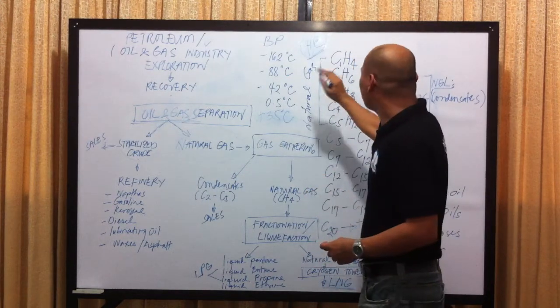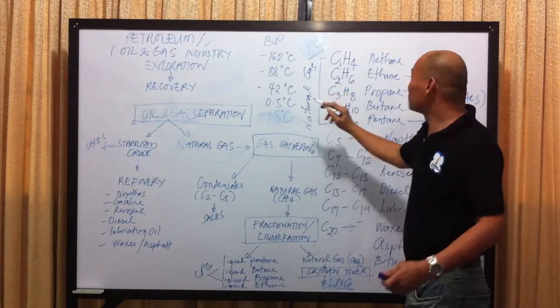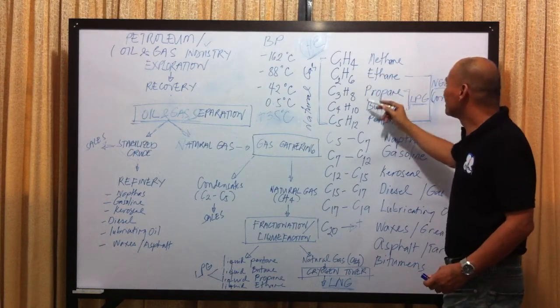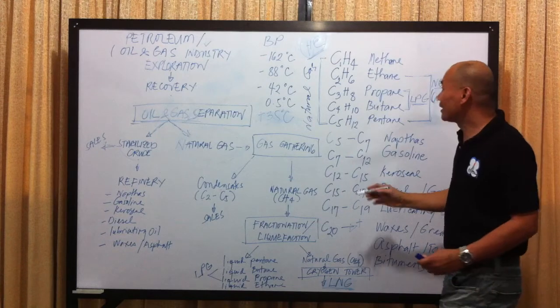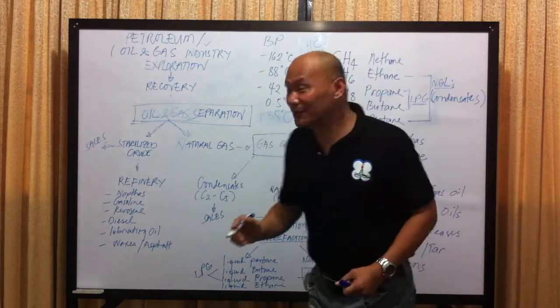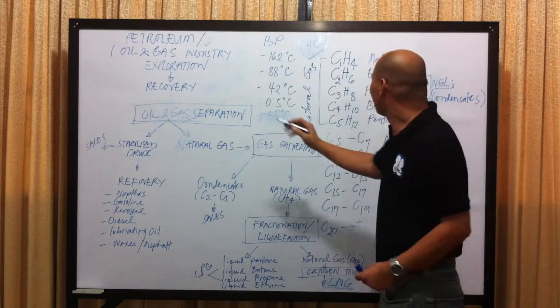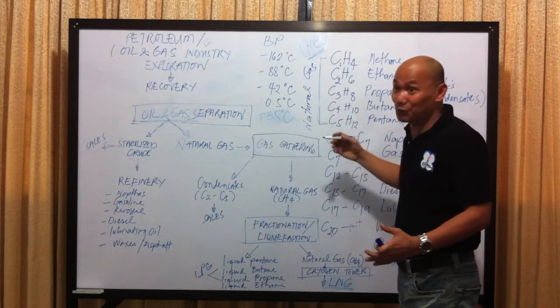The simplest hydrocarbon is methane, with the chemical formula CH4. Next we have ethane, C2H6, propane, butane, and pentane. In the oil and gas industry, methane is simply known as C1, ethane as C2, and so forth.